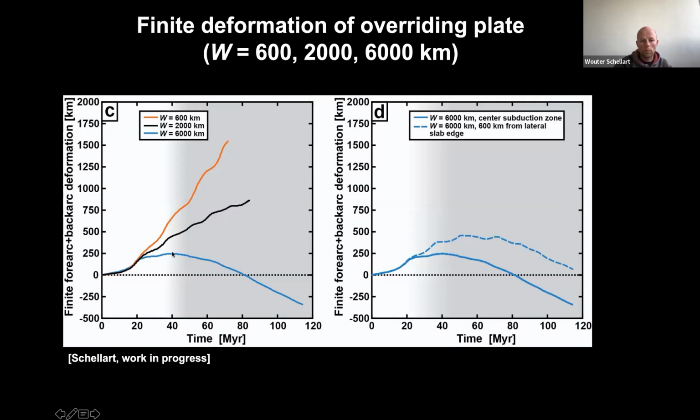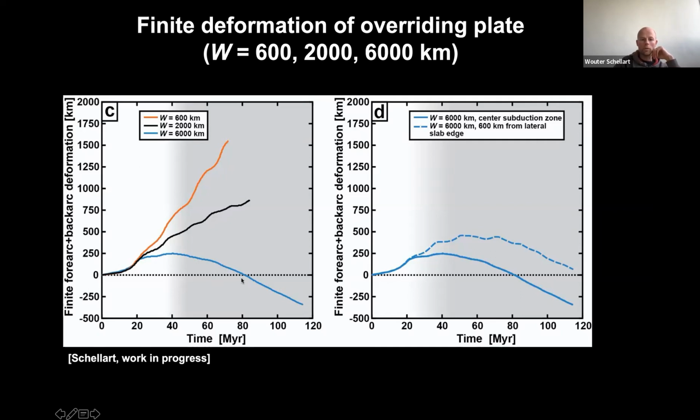And then following that, we see that the overriding plate is shortening down until the end of the model run, where the finite shortening is of the order of 350 kilometers or so. Okay, so these lines here are for the center of the subduction zone model. What is interesting for the very wide subduction zone model is that the deformation actually varies along the subduction zone.